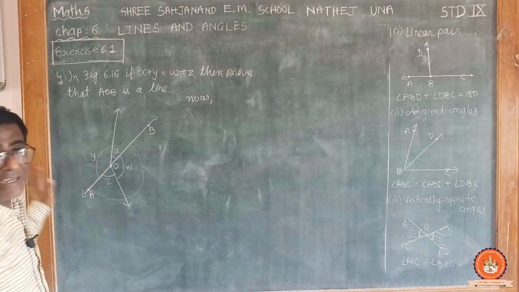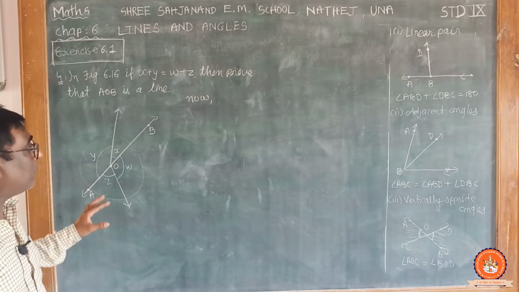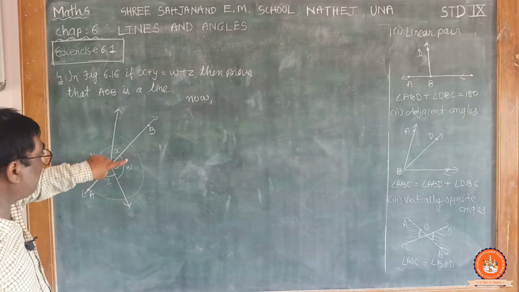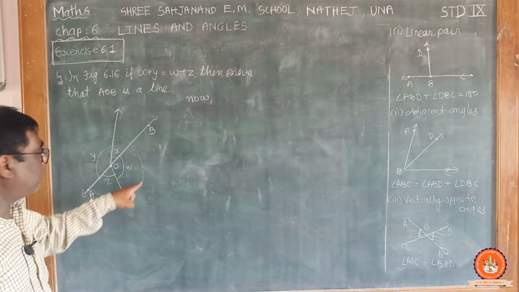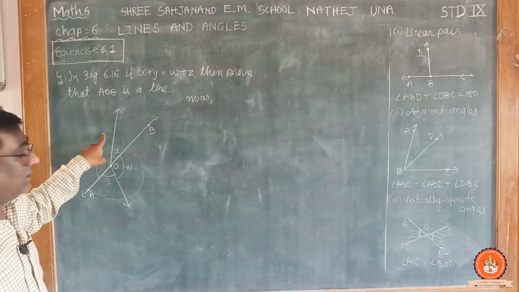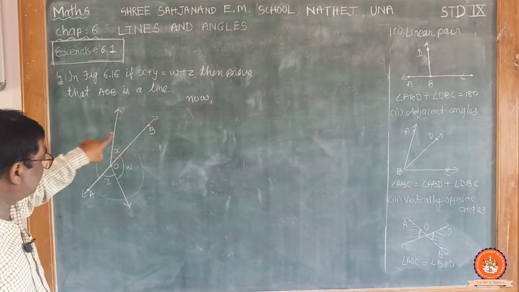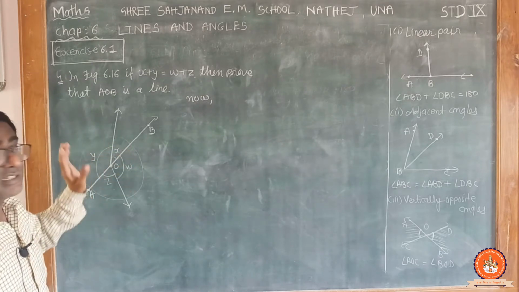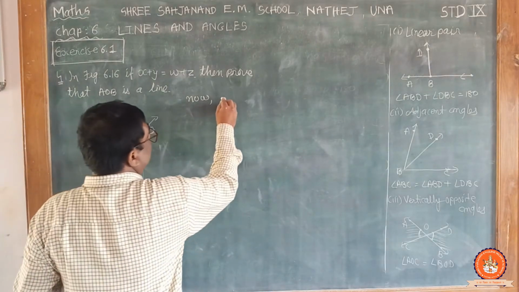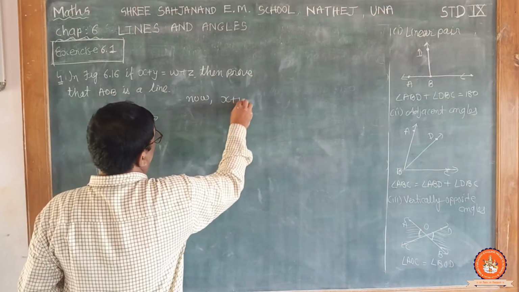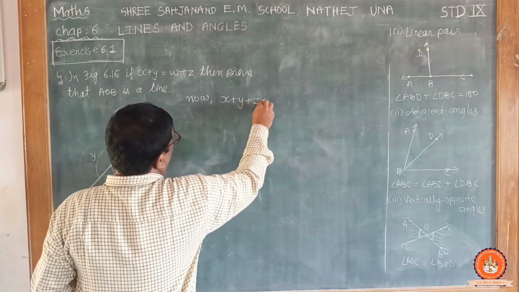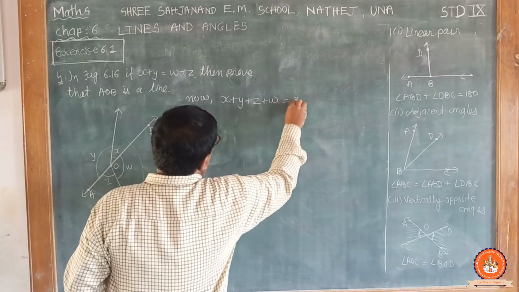It is a complete angle. The sum of all the angles formed around a point is 360. So here x plus y plus z plus w is equal to 360.